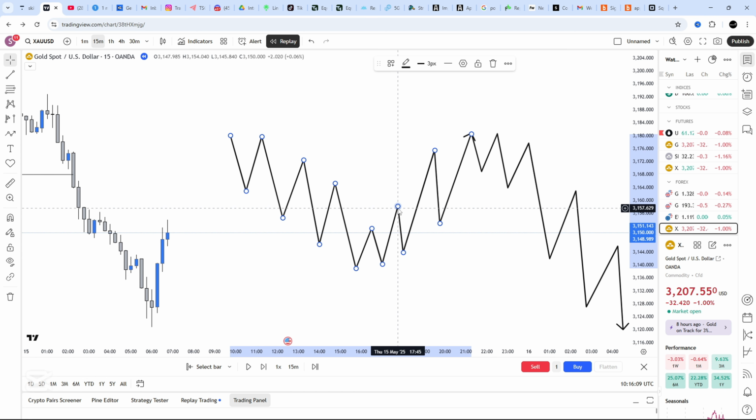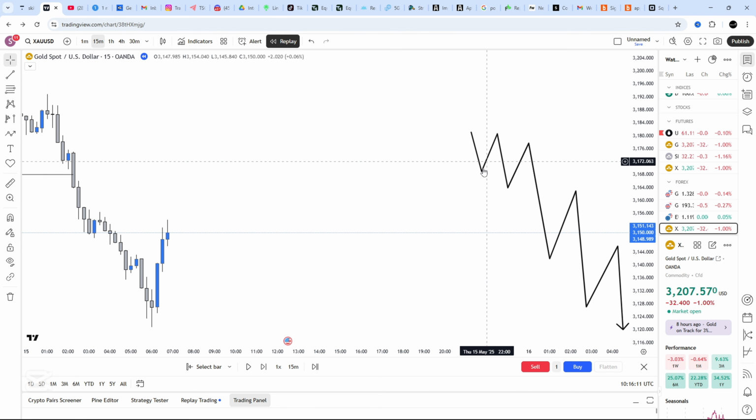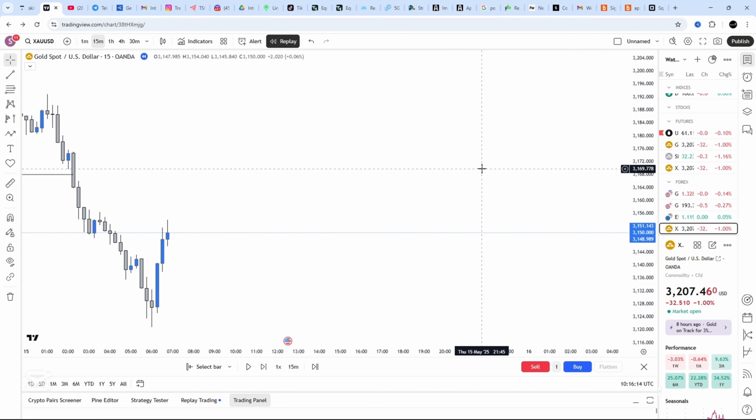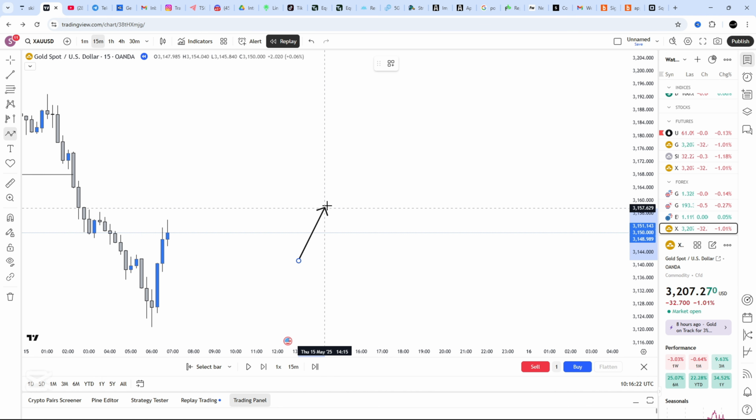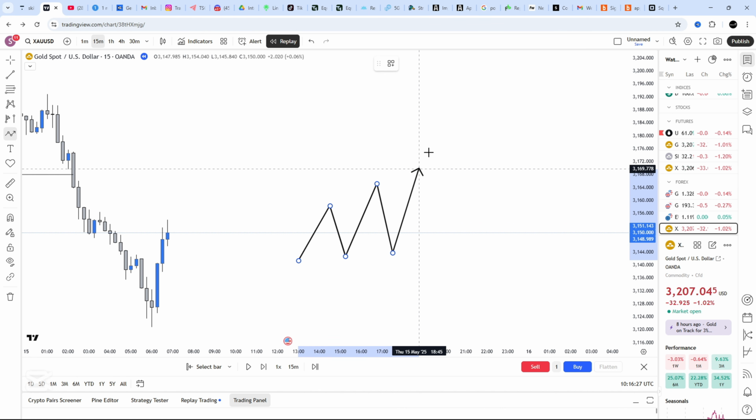For support and resistance, most people don't know about it. It's the same as supply and demand. So let's say this is the market. It's making higher highs and it's doing this.